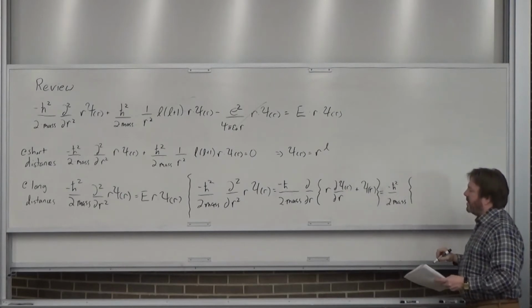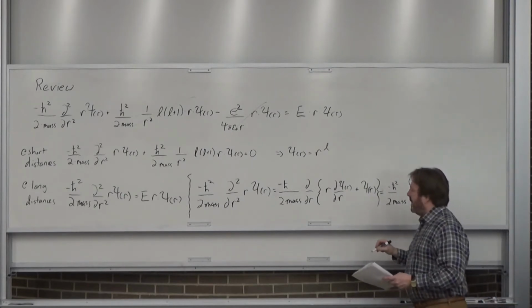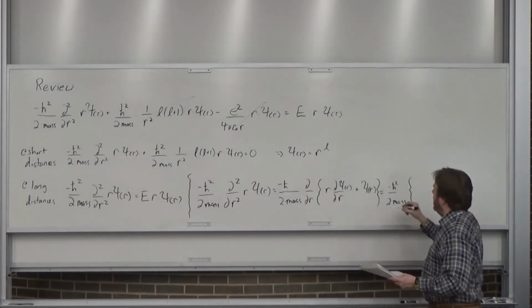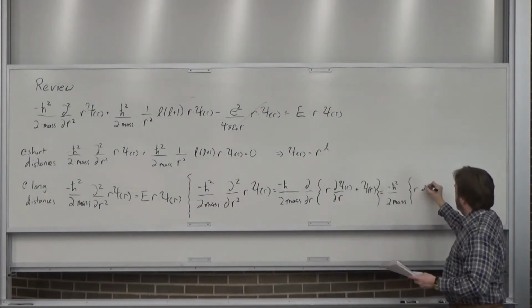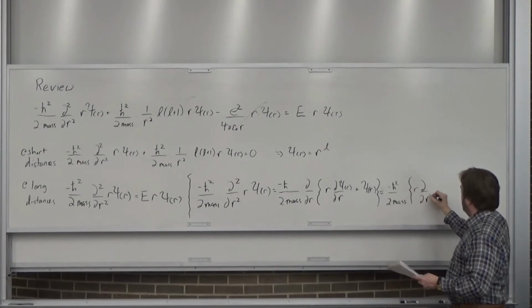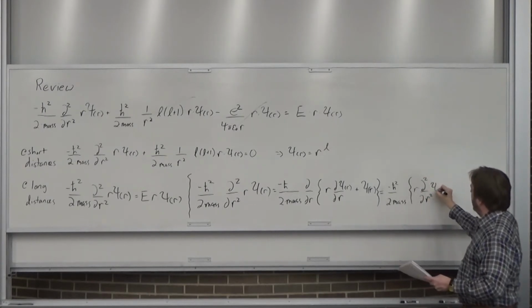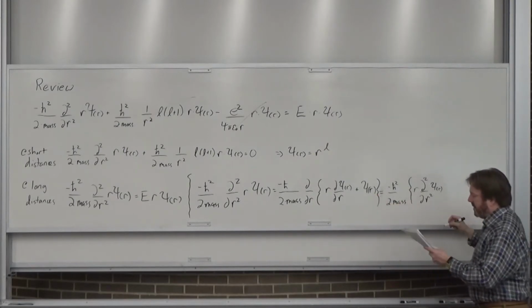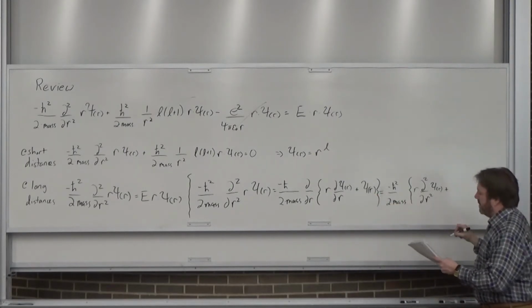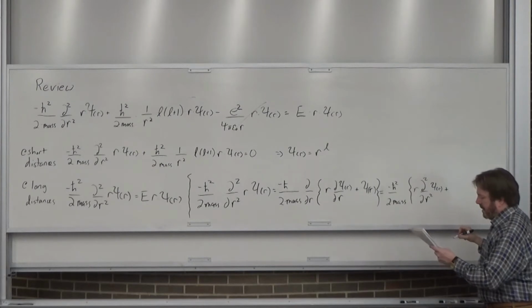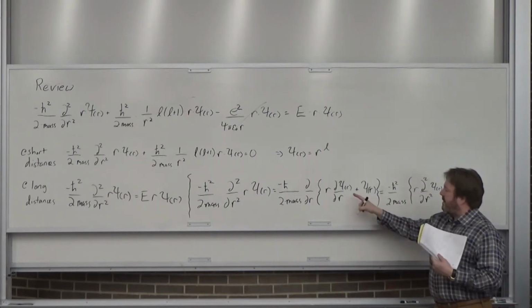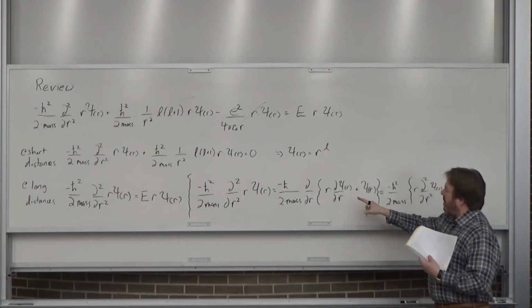Okay, now the next derivative is, let's see here, I will leave this one alone, and now I've got a double derivative with respect to r of the wave function, and then I've got a single derivative of, yeah, I almost messed this up.